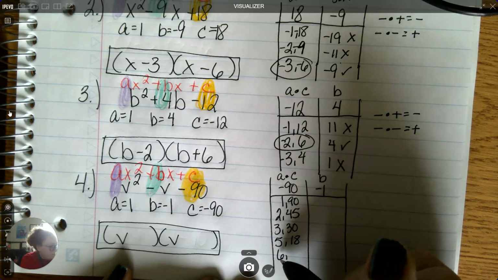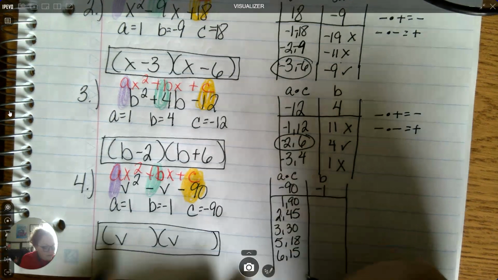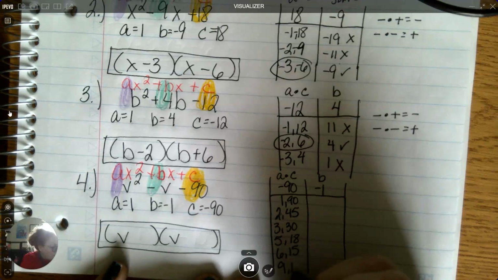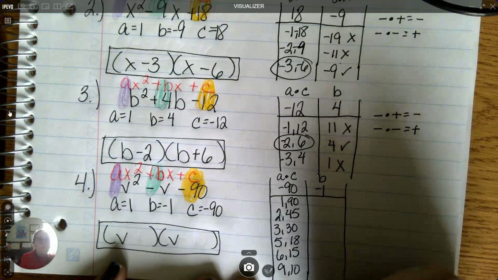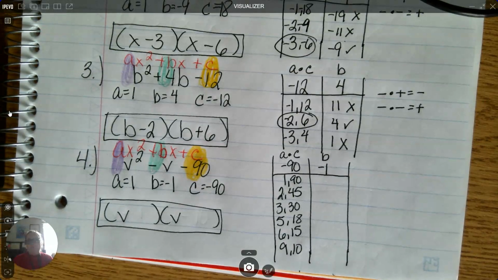And the divisibility rule of 6, if 2 and 3 work, 6 works, so I need to divide it by 6. Divide by 7, I get a decimal. Divide by 8, I get a decimal, and then there's 9 and 10. So again, the more confident you are with your multiplication facts, the quicker this will be for you, but if you have a calculator, you can test those numbers.